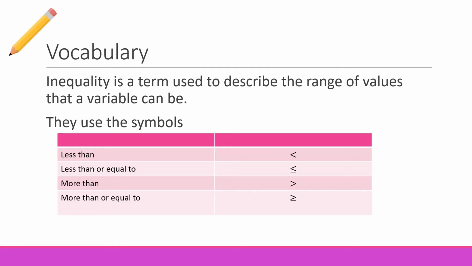They use the symbols less than, less than or equal to, more than, or more than or equal to. These are the four main symbols that we're going to be using. We're going to be replacing the equal sign. So now when we talk about y equals 3x, we're going to say y is greater than 3x, meaning that there is a range of values that y can be.